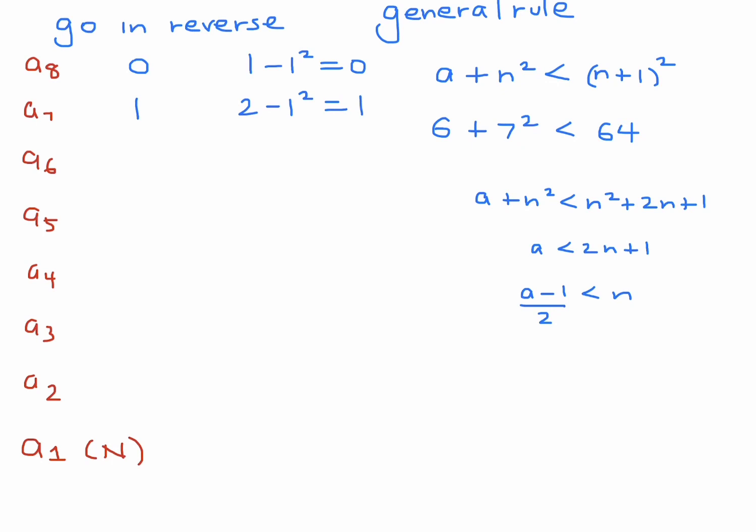Okay. Now, what will be my A6? Well, the A6 is right here. That's A6. How did I get that, though? Well, I think I can get that in a straightforward way, by just going 3 minus 1 squared.